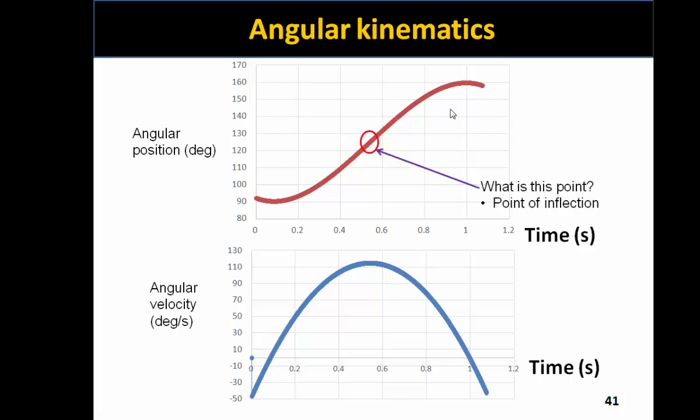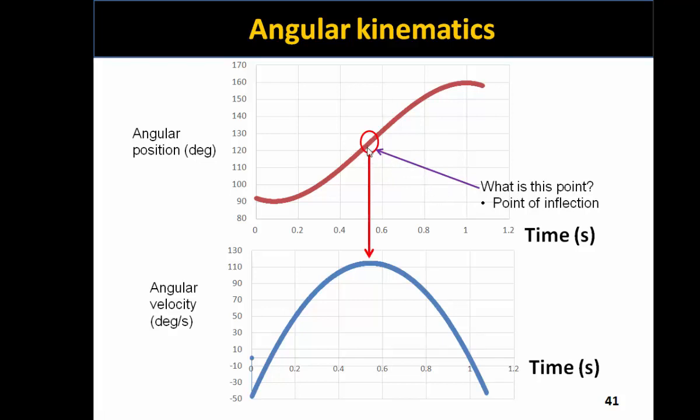If we take a look at this particular angular position time function, we see two distinctive shapes to this curve, and the separation between the two shapes is defined by this point, called the point of inflection.